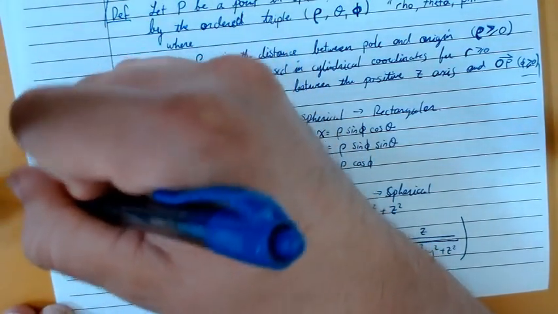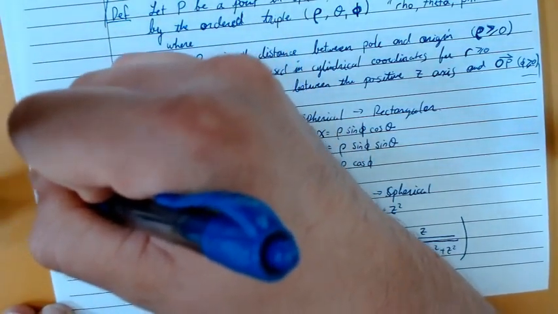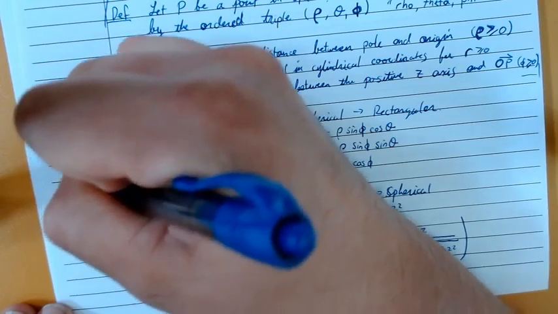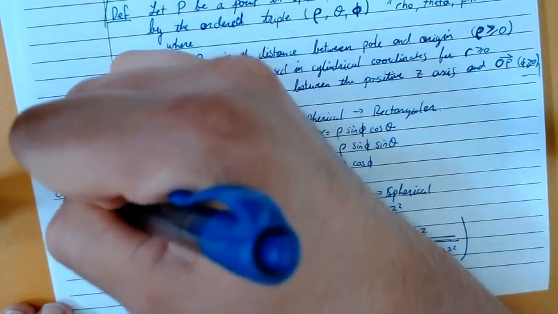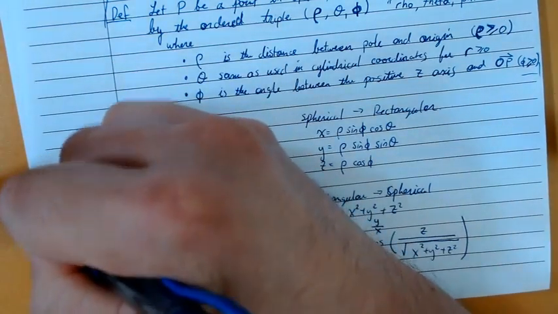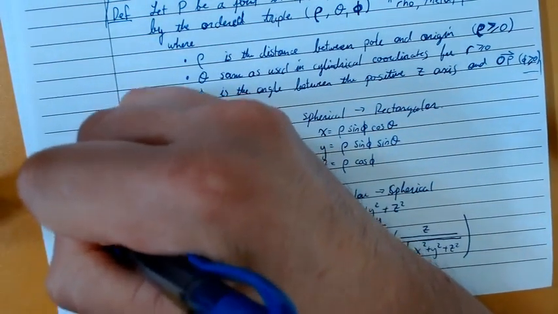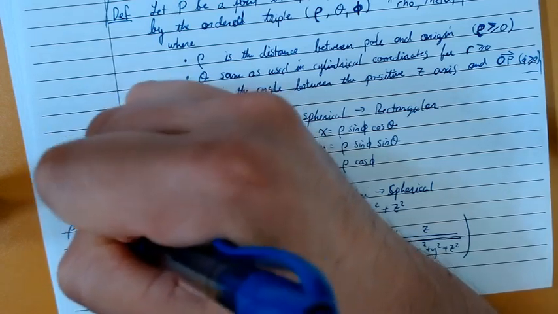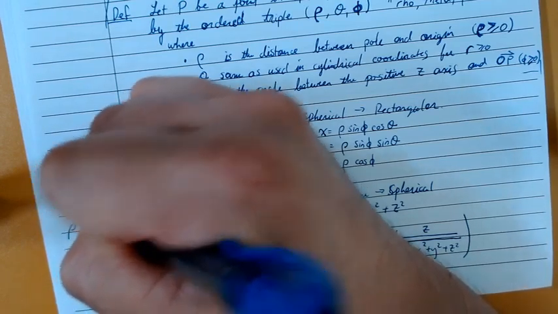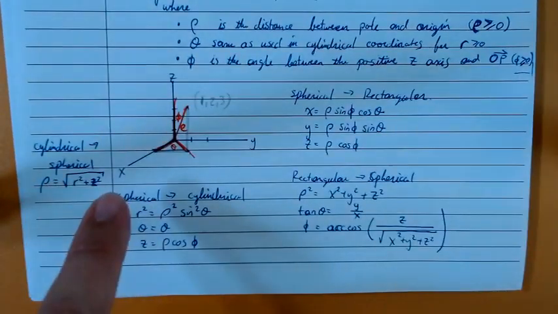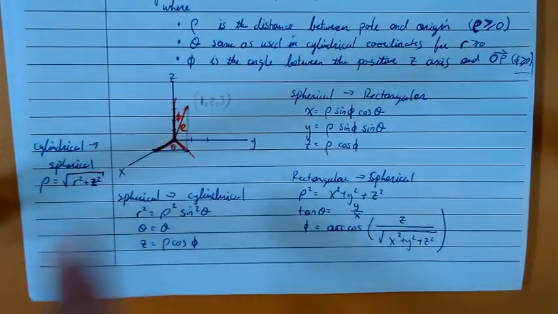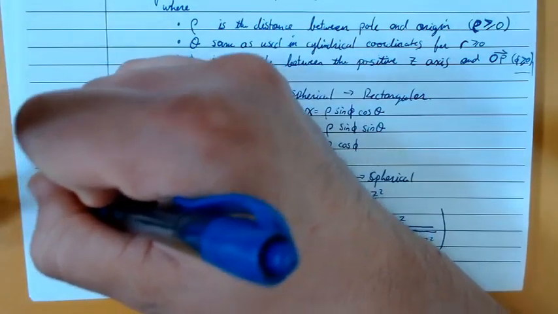If you wanted to go from cylindrical to spherical, you could do that as well. You would have rho is equal to the square root of r squared plus z squared. And again, that's just what you would get if you took cylindrical to rectangular and then rectangular to spherical and completed all the substitutions. Again, theta is equal to theta.